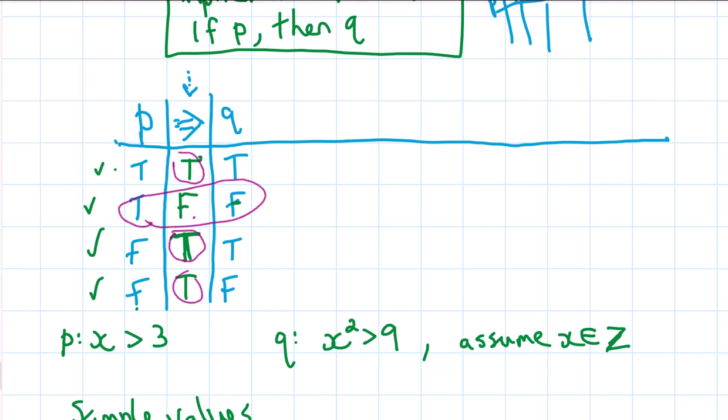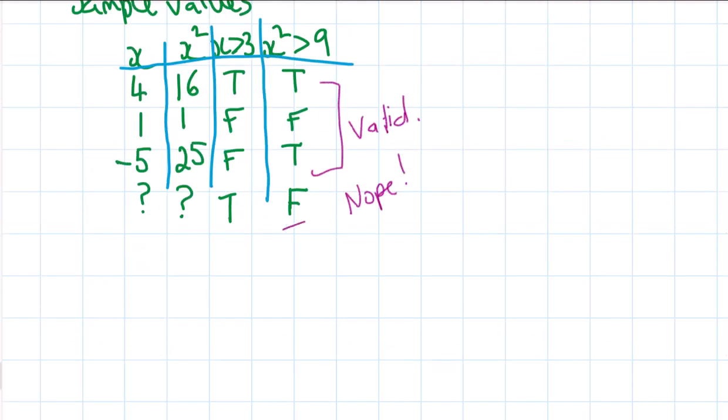That gives a false. And have a look here, true then false is not possible. So these first three, they're all valid, so you could call them all true. This one is not valid, it's false. So it's a little bit of a telling result.